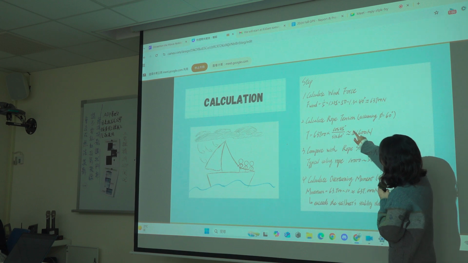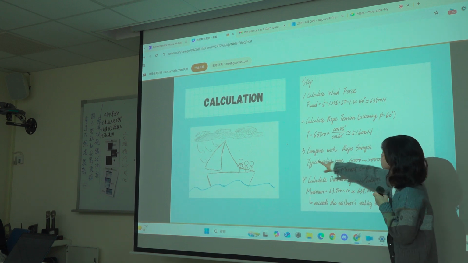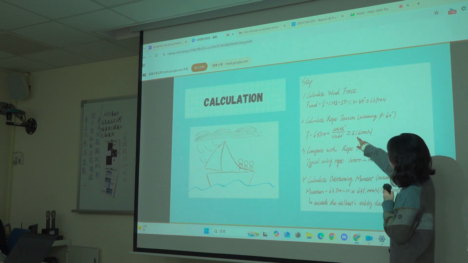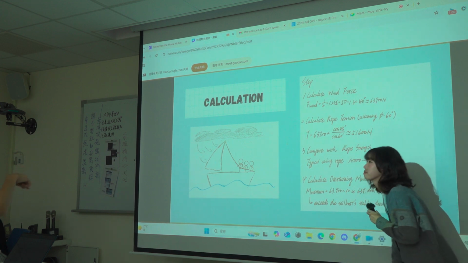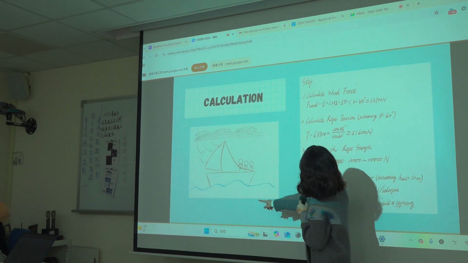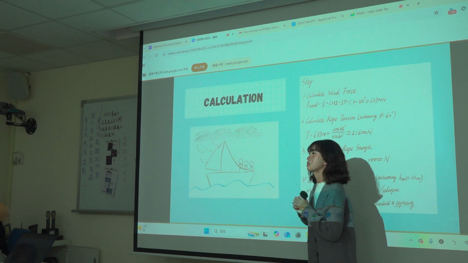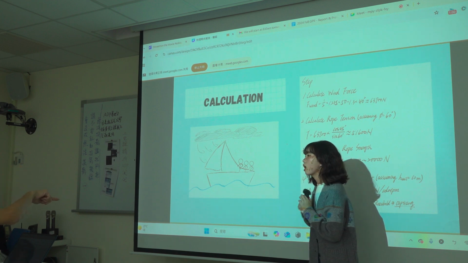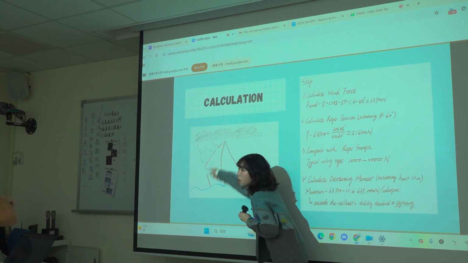Step two is to calculate the rope tension, and I assume the angle is 60 degrees. How big is the sail? It's the area.